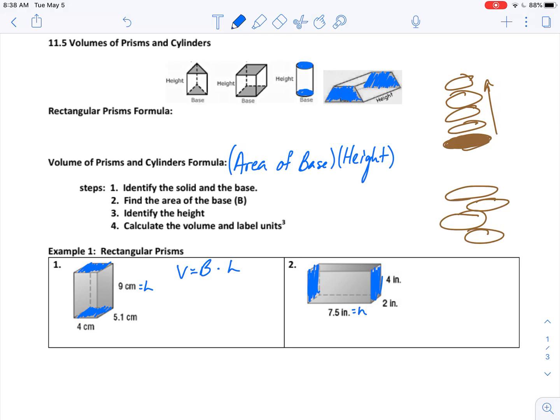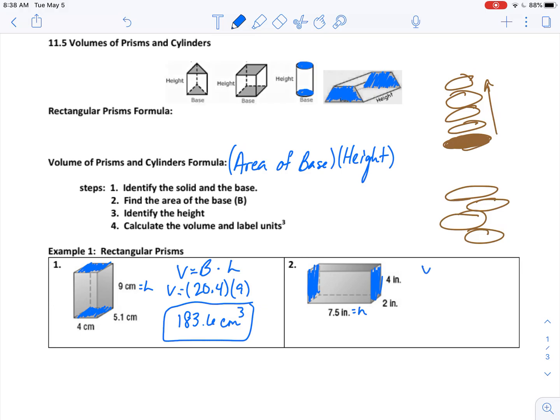And the area of the base would be 4 times 5.1, which is 20.4, times my height of 9, which would get me 183.6 cubic centimeters.